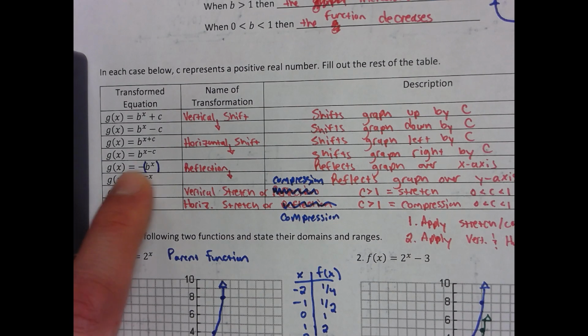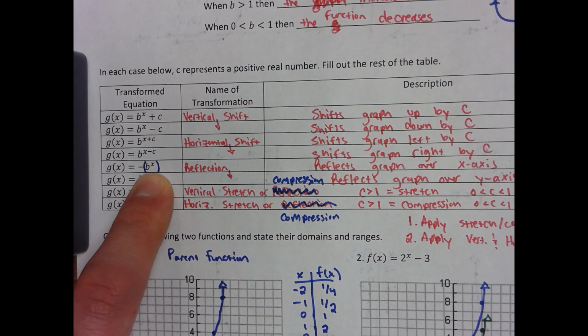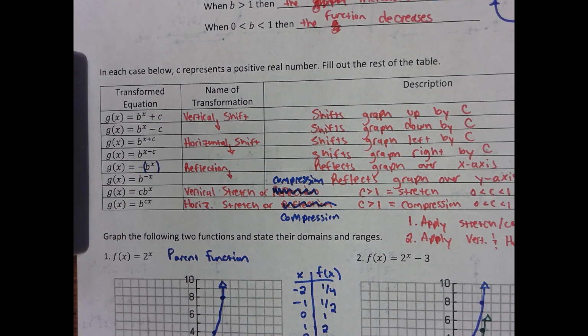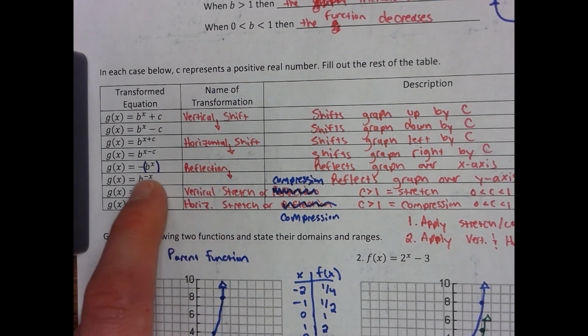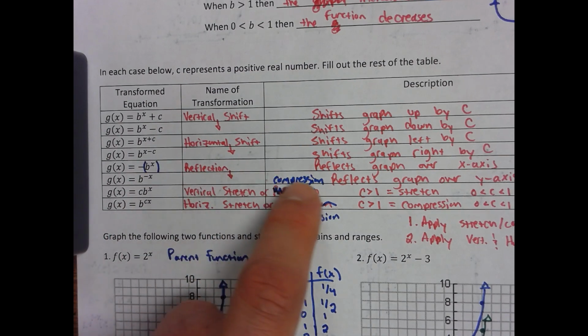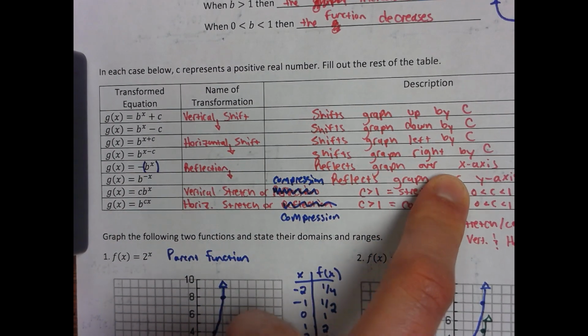I did add in parentheses here, more so to keep track of the order of operations. If the base itself is negative, the graph is really kind of funky. So it would have to be outside those parentheses there. So go ahead and add those in. Anytime we see these negatives, those are going to be reflections. So both those next two are reflections, the top one being a reflection over the x-axis.